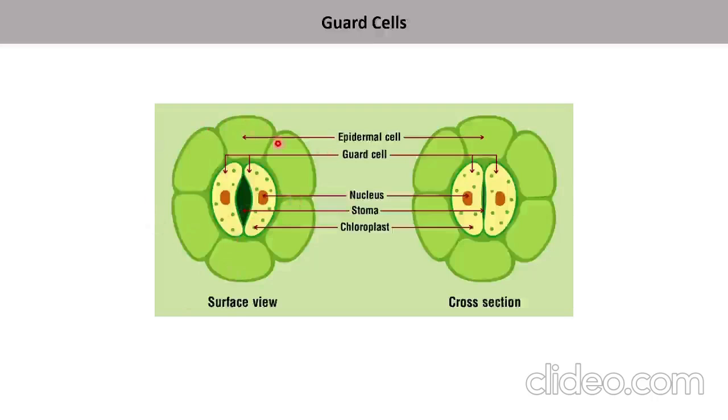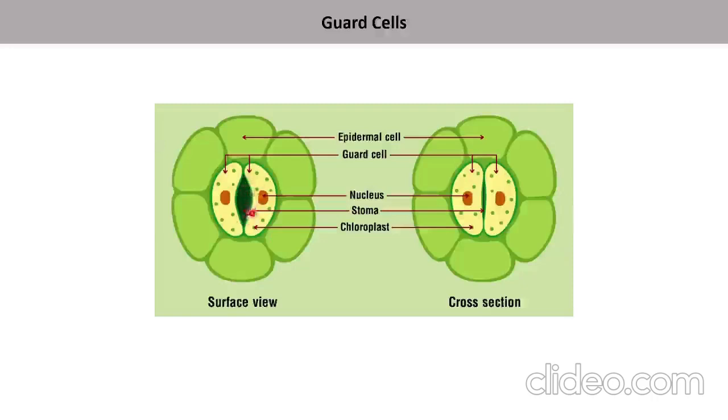So this is the diagrammatic representation of a stomata. If you see the cells under a microscope, it will look exactly like this. Just assume that there are two kidney beans, the rajma that we eat. You put two kidney beans together, and the hole that is created in the middle is the stomatal pore, which you can see here.